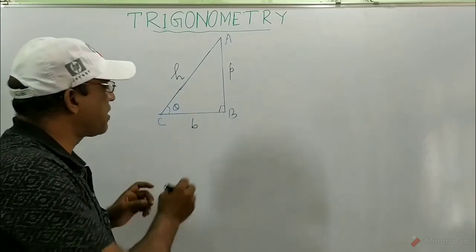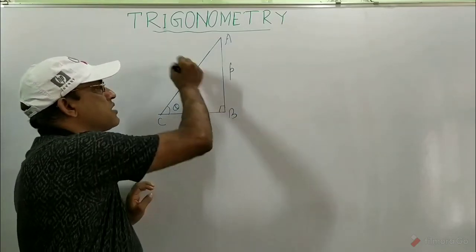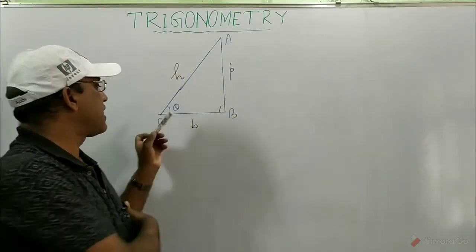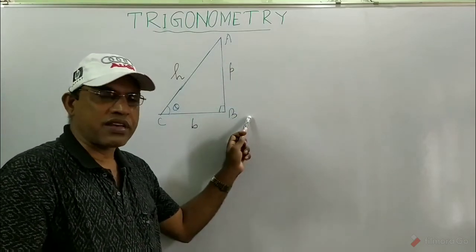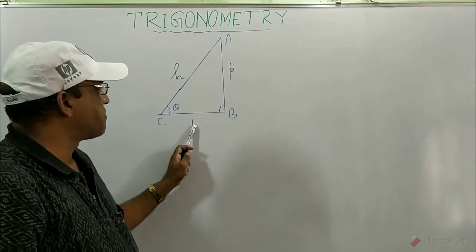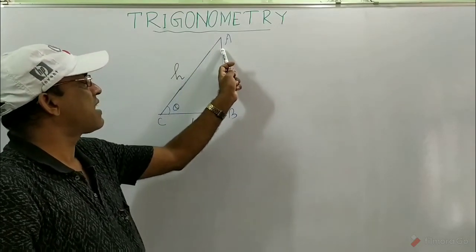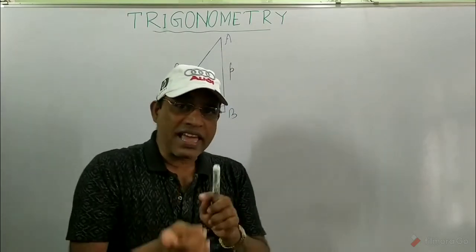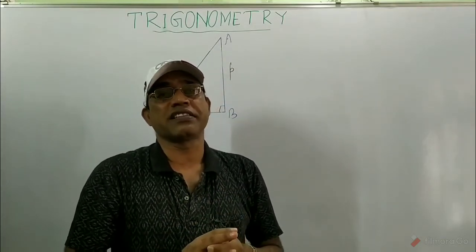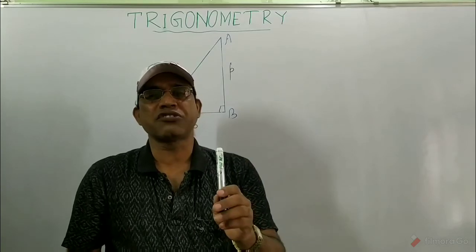You just have to remember that the side opposite the 90 degree angle is always the hypotenuse.